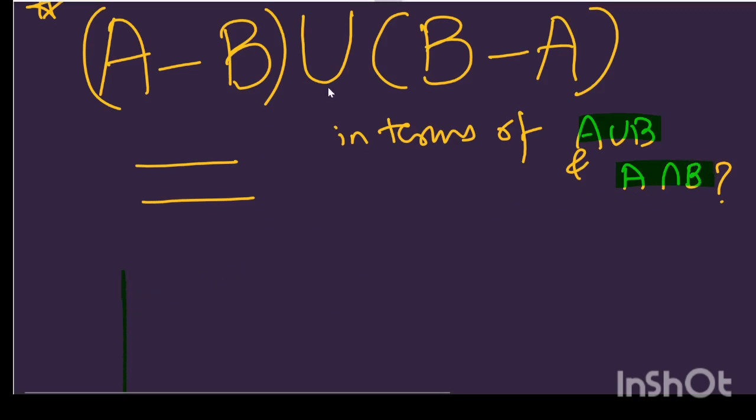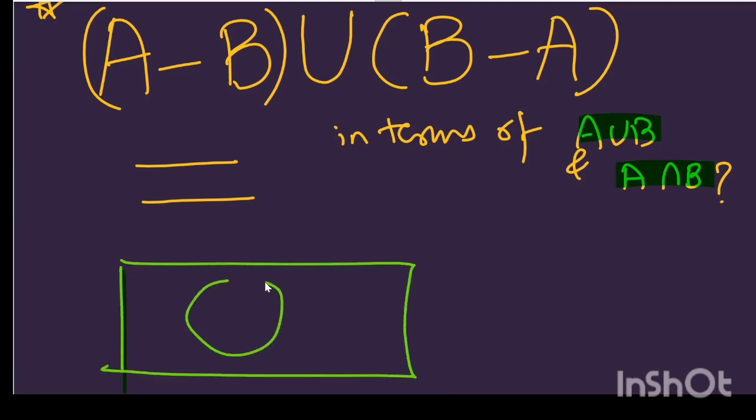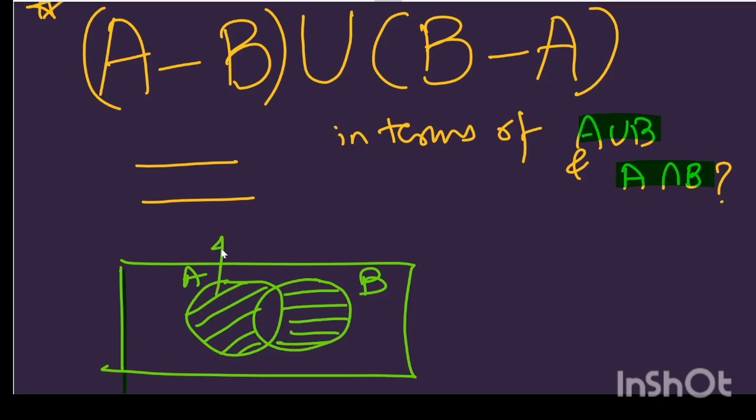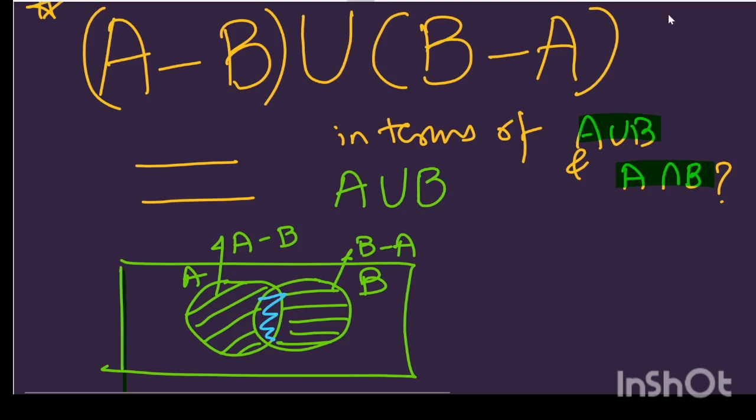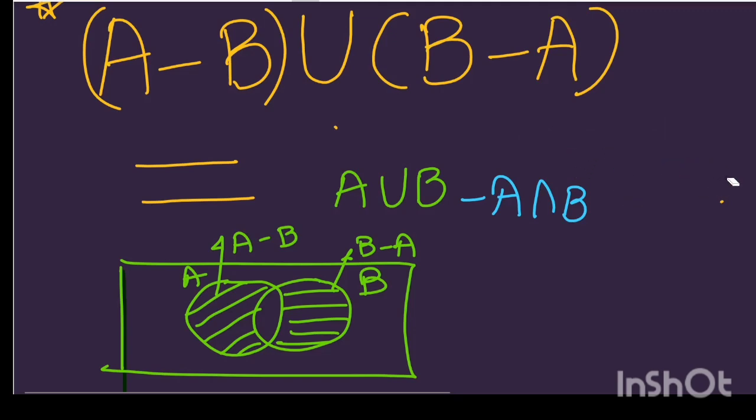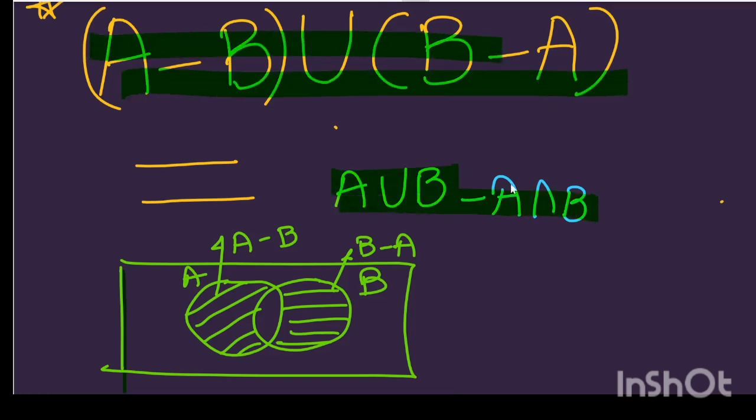This is A, this is B, this is A minus B, and this area is B minus A. If you are taking the union of these two, as you can see, it is A union B only, but we have to exclude this area, which is A intersection B. So A minus B union B minus A in terms of A union B and A intersection B is A union B minus A intersection B. Okay.